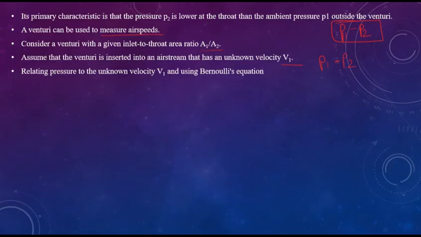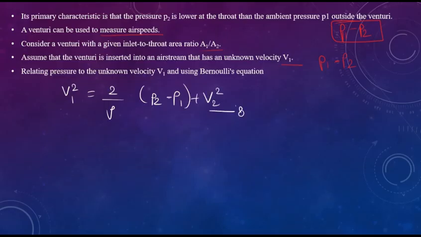So with the help of this setup, we are able to obtain the pressure difference directly, that is P1 minus P2. Now let us relate this pressure difference to this unknown velocity V1 using Bernoulli's equation. How can we do that? Let us have a look. From Bernoulli's equation, I can write V1 squared is equal to 2 by rho (P2 minus P1) plus V2 squared.